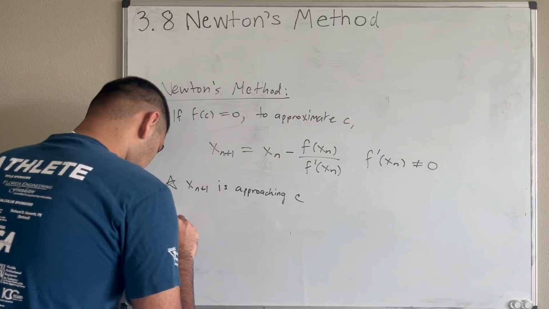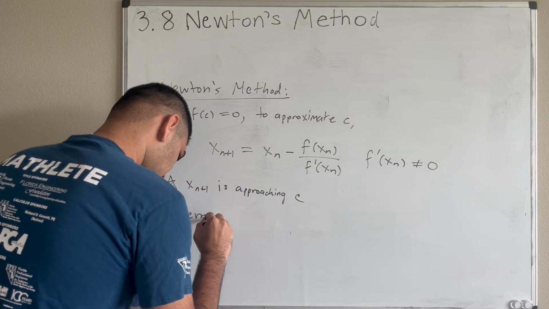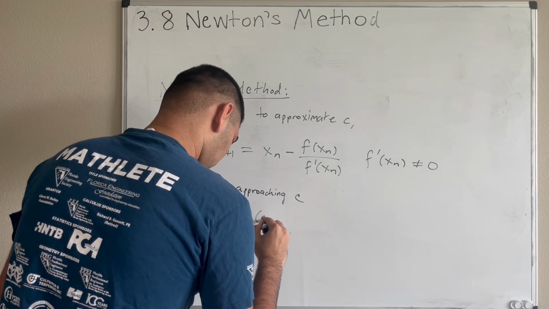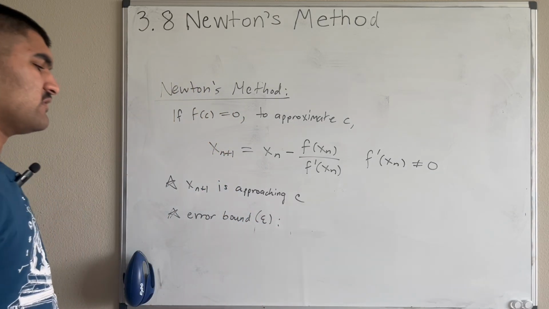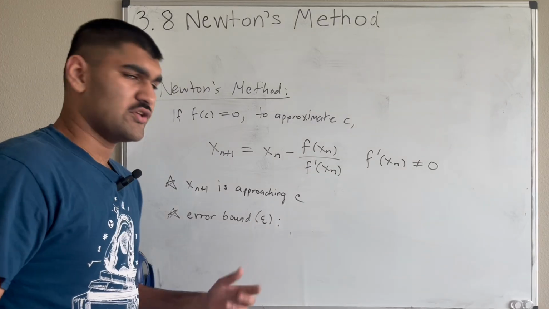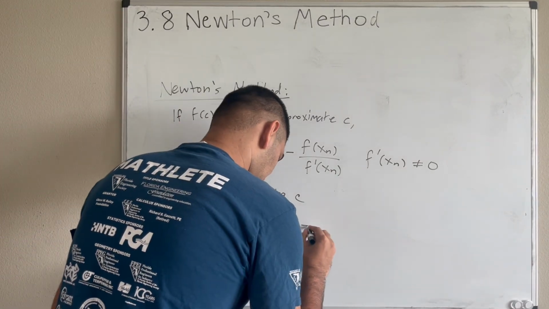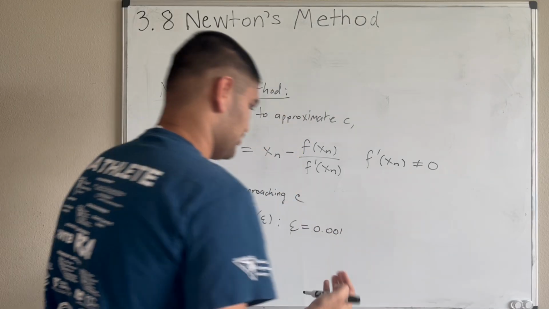So the concept of an error bound is usually denoted by epsilon. So error bounds are basically like, let's just say I give you some epsilon, right? Usually epsilons are pretty small. So let's just say we have epsilon is equal to 0.001, right?